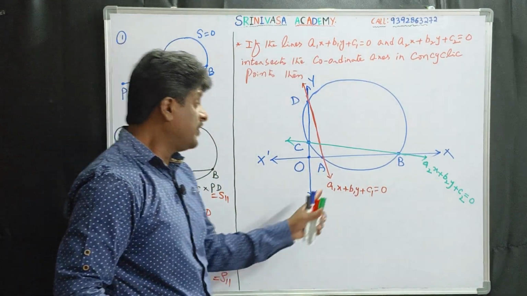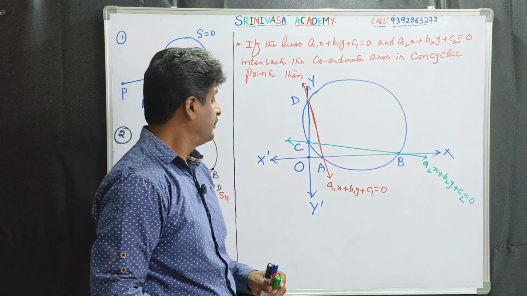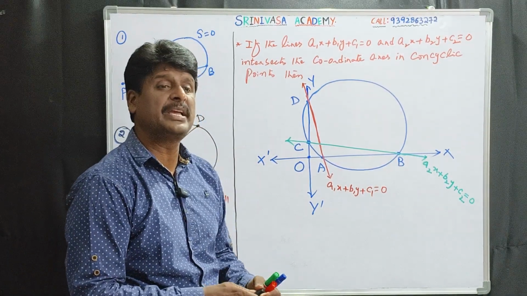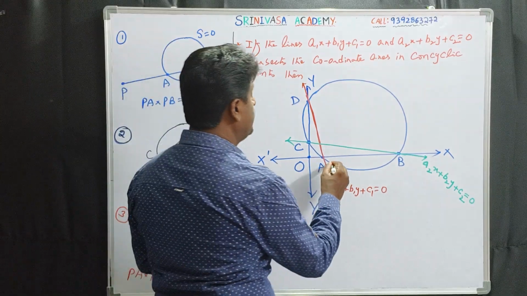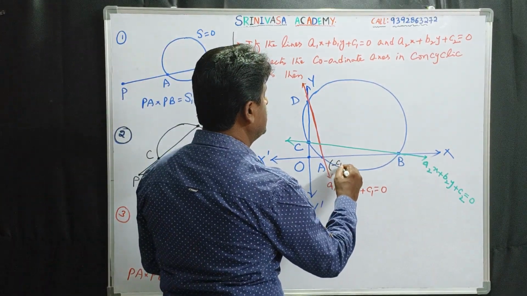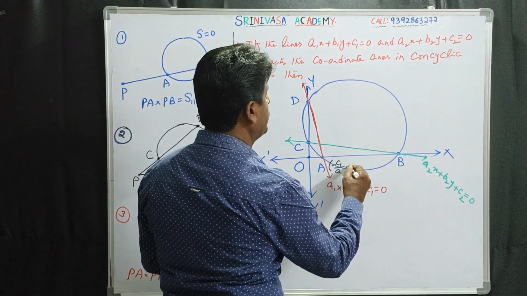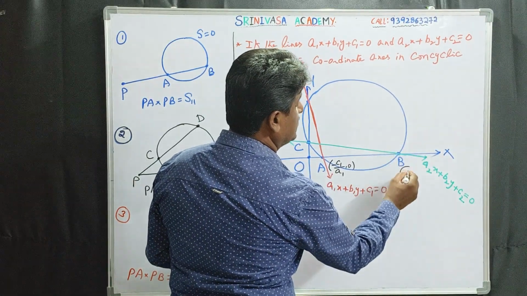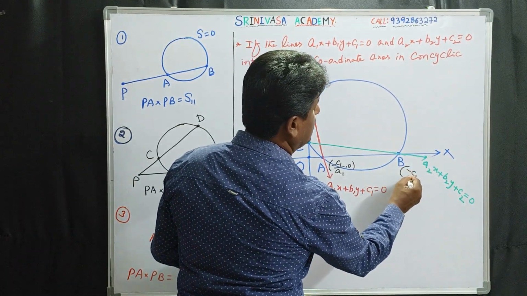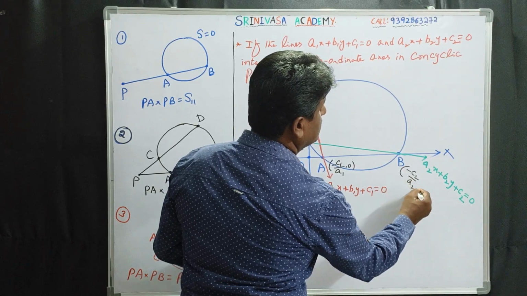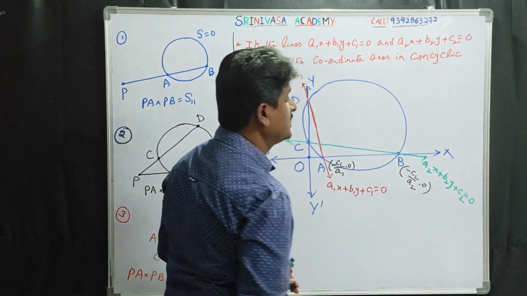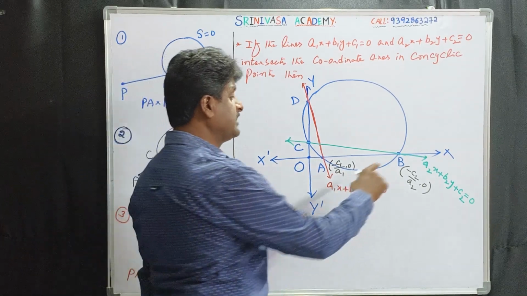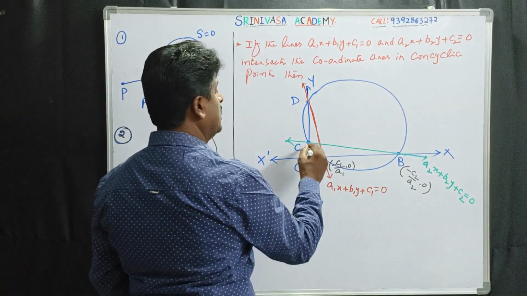Okay. First straight line, x-intercept is minus C1 by A1. So A point coordinates are (minus C1 by A1, 0). Second straight line intersecting the x-axis at B, its x-intercept is minus C2 by A2. That's why B point coordinates are (minus C2 by A2, 0).